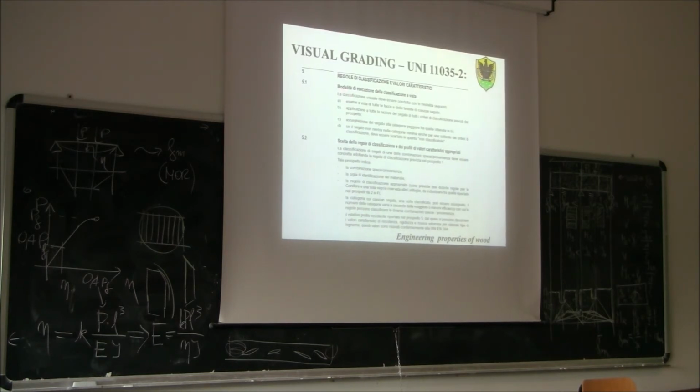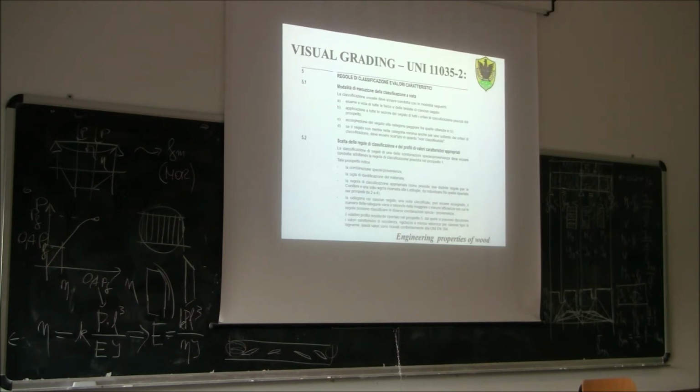So, you see here, modalità di esecuzione, so this is visual grading. The visual grading shall be carried out with the following methods. All the faces and all the surfaces: if this is your piece of wood, you need to control all 6 surfaces. Then you have to apply all the classification criteria that you will see in the following sections.